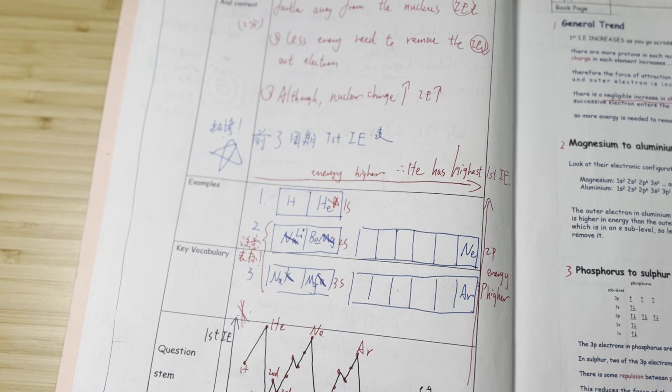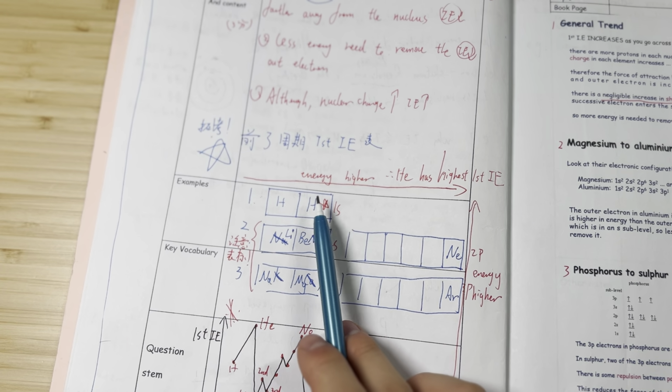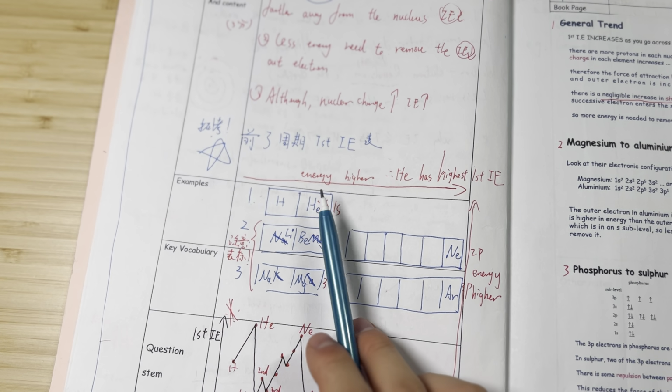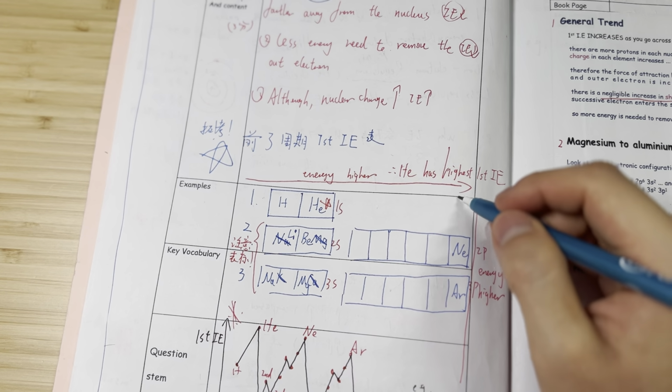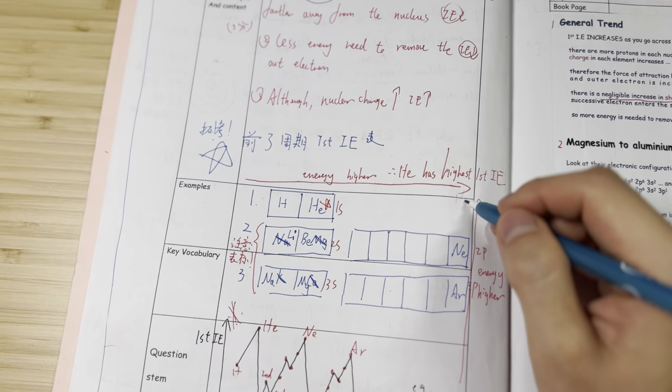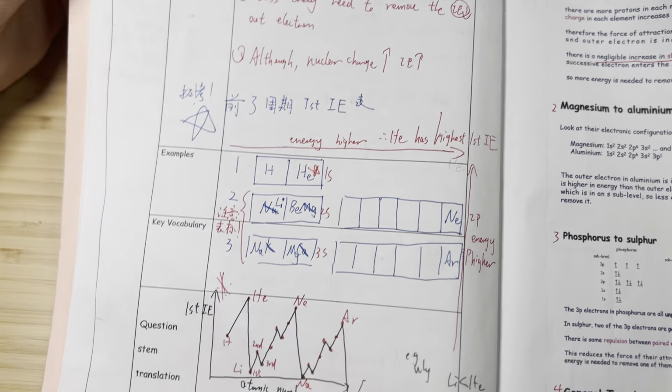First, as the number of the period increases or as the number of the group increases, the ionizing energy is highest. So first is helium, because in the periodic table here is the helium place. Why?